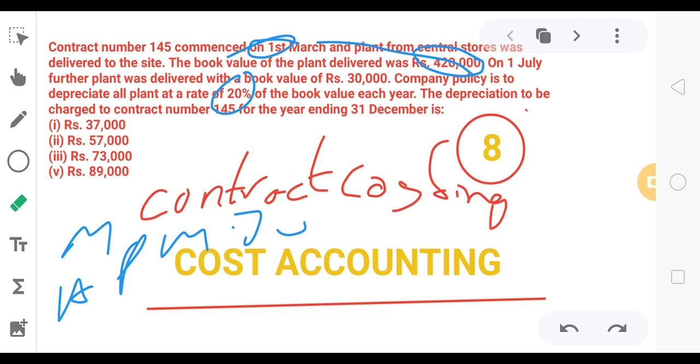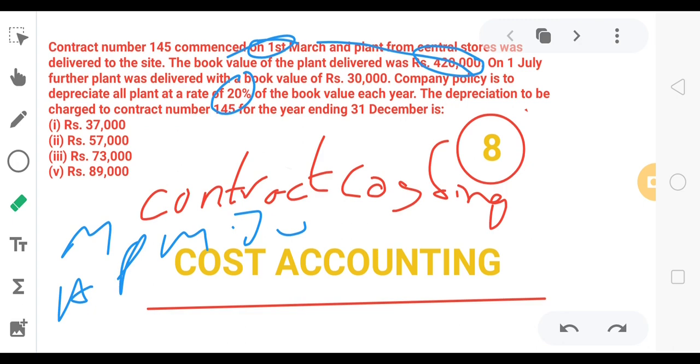So the contract number 4 lakh, first we call the already planned delivered plant, so no need to deliver. There is no scrap and everything, so no need to calculate depreciation. Further we calculate the purchase of the new plant that was delivered, so book value is 30,000. So after 6 months the plant book value is 30,000. The company policy rate is 20%. On that book value we need to calculate depreciation.